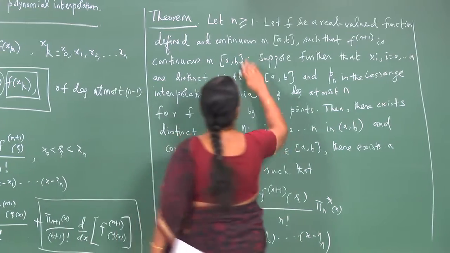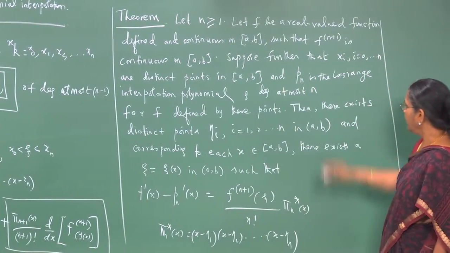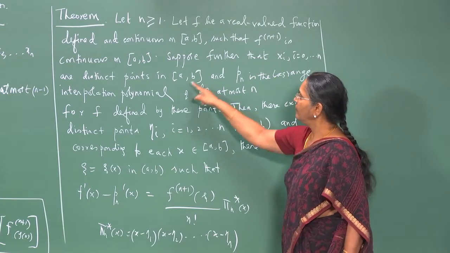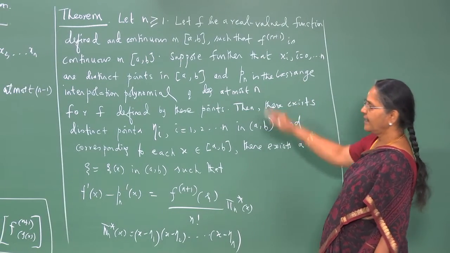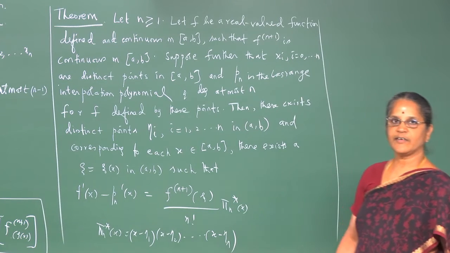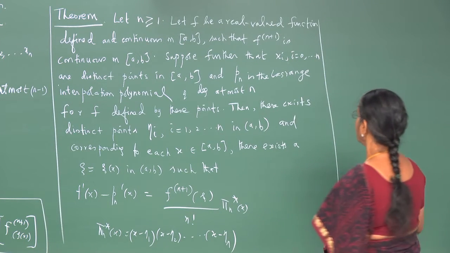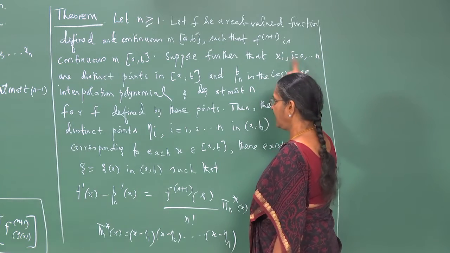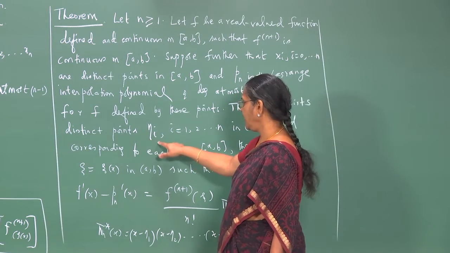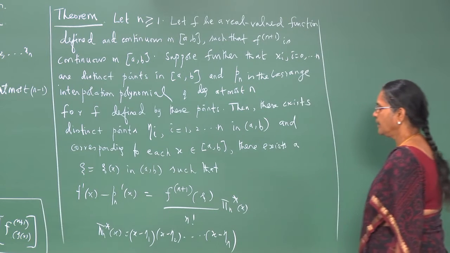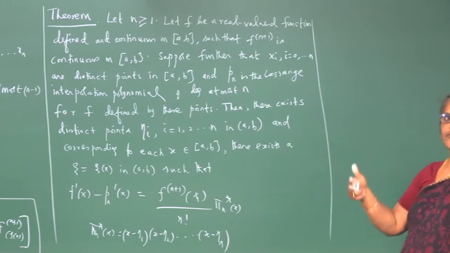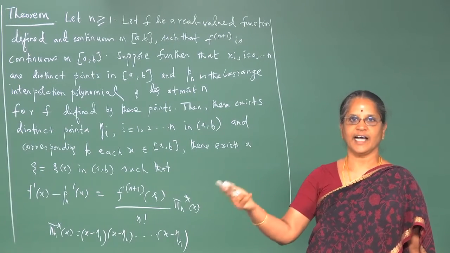f satisfies certain conditions. In addition, if you have distinct points xi in the interval a b and Pn is the Lagrange interpolation polynomial for the function f in that interval that interpolates the function at these n plus 1 points, then you will be able to find distinct points eta i in the open interval. So, while showing the result, you should be able to get what these points eta i are.